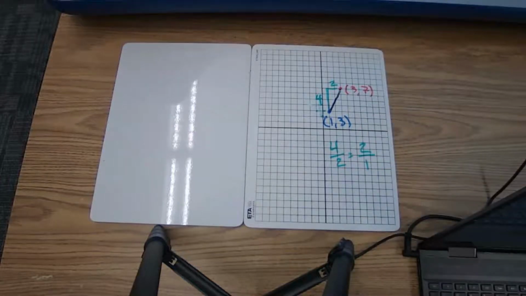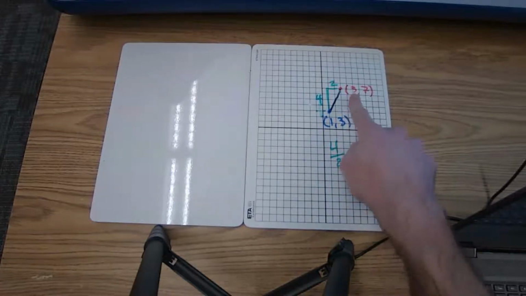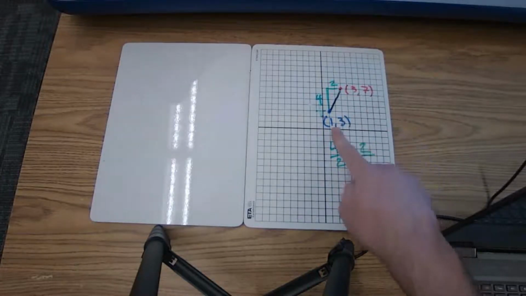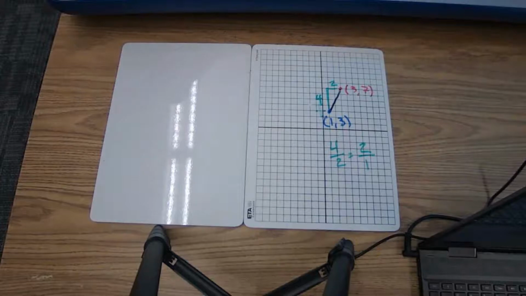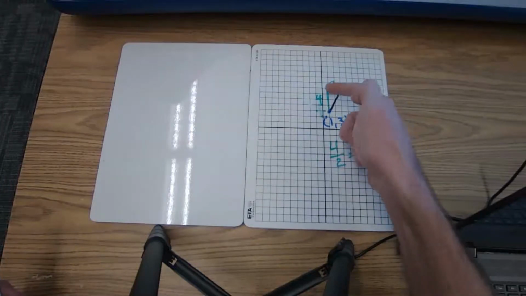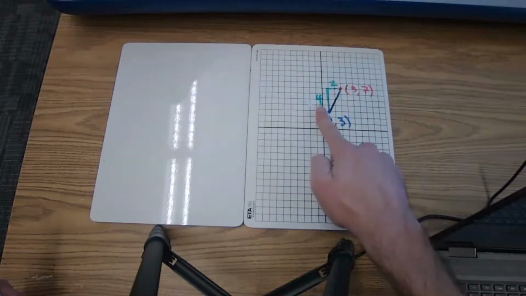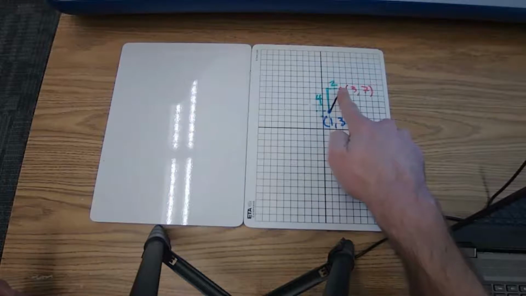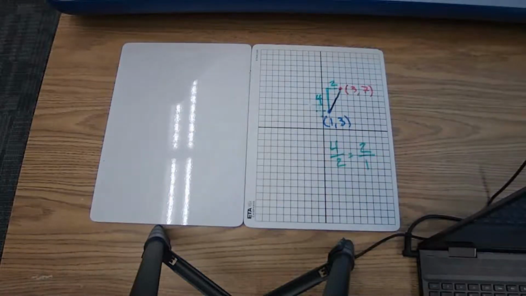Okay, now let's say you're not given a graph and you want to find these exact numbers. Okay, so remember this is rise over run. So how did I find my rise here really? Well, I found 4 because this one was 7 up here and this one was 3 down here.